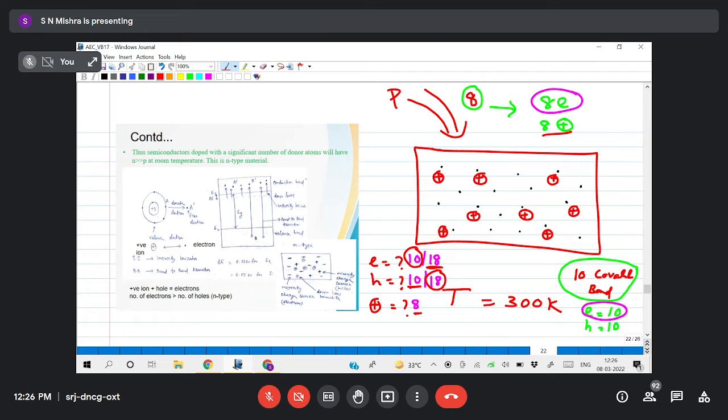I have drawn them near to this electron because it will give an idea that one phosphorus atom gives one electron and one positive ion. That's the idea. Okay. Then 8 holes. So how I'll represent hole, as a circle like this. See, you can understand here one phosphorus atom is creating this one and one covalent bond creates this one.